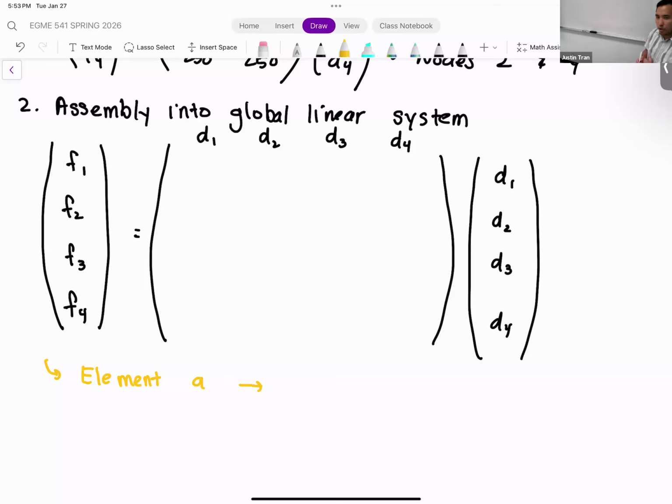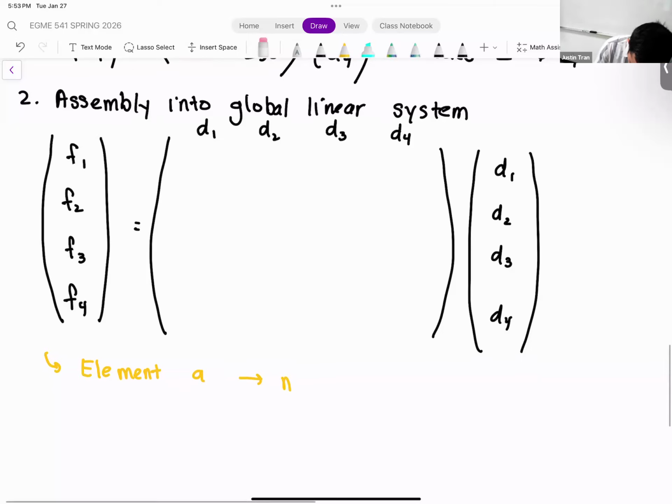So element A, we know is working on nodes 1 and 2. So we're going to go to our global linear system and look for the rows and columns associated with nodes 1 and 2.